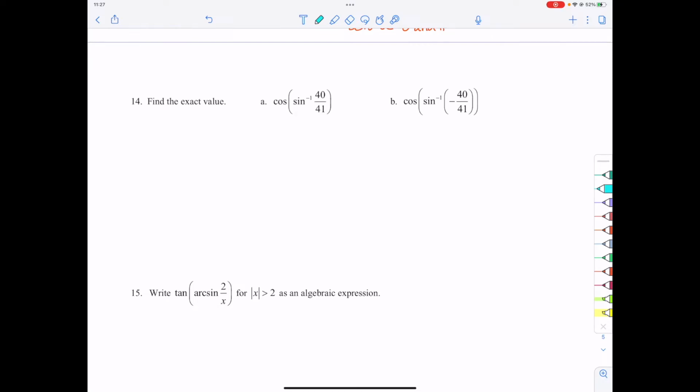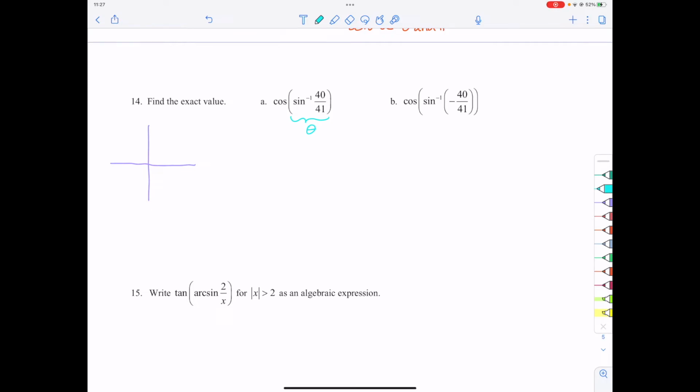So we're given that the cosine of the sine inverse of 40 over 41 needs an exact value. So what do we notice? Let's go ahead and make a little sketch here. And as you can see, we are looking for some angle theta.